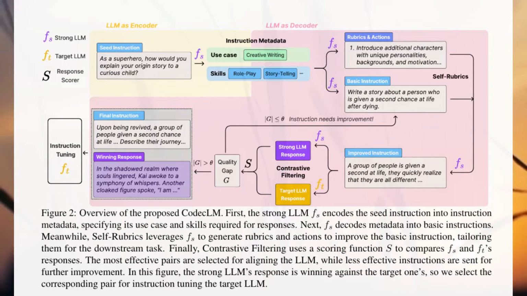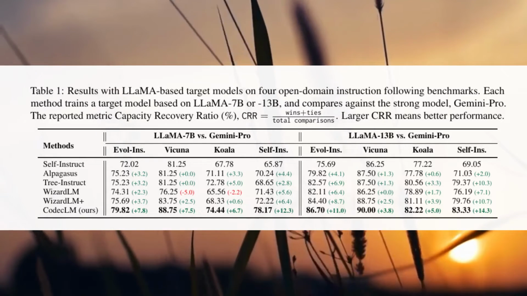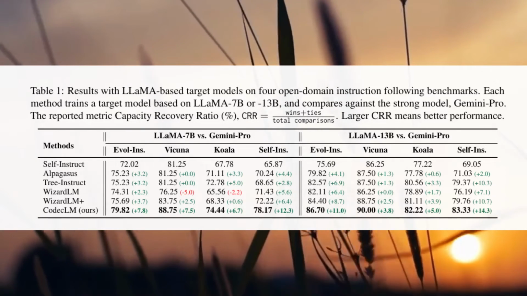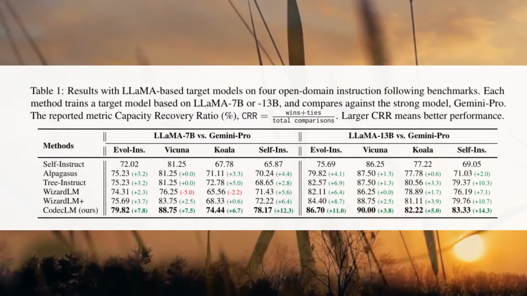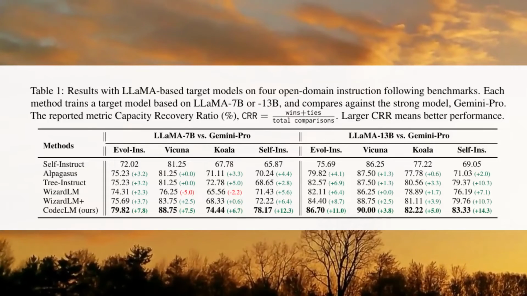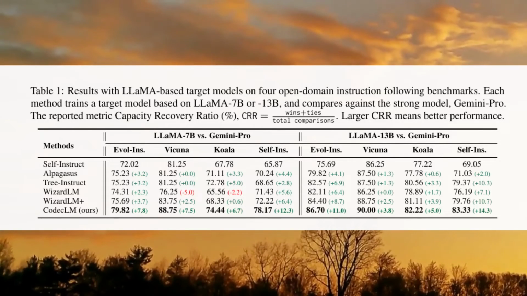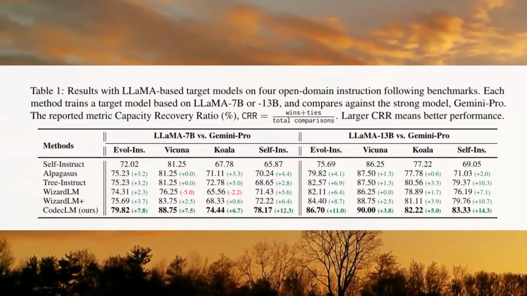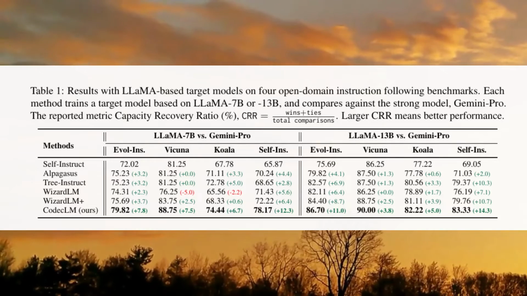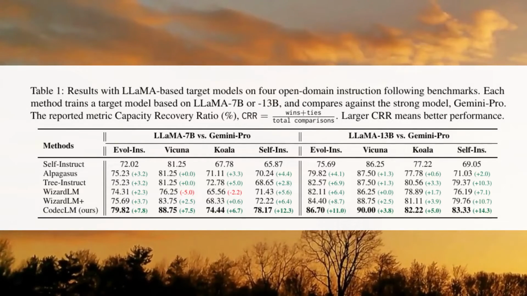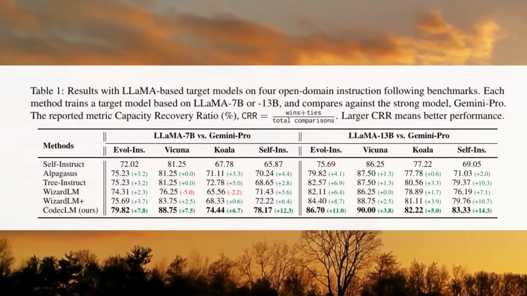Additionally, instructions where the target LLM excels are fed back into the self-rubrics process for further refinement, leading to increased data efficiency. Contrastive filtering acts as a quality control mechanism, ensuring that the LLM is trained on the most beneficial and informative instructions.